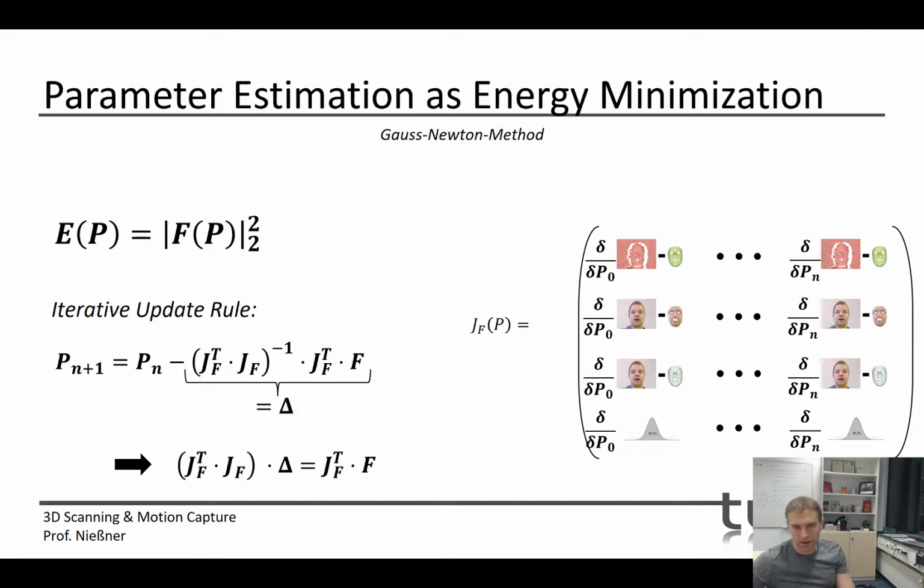The number of columns, the number of entries per row, is equal to the number of unknowns in our parameter vector p. We know roughly how large that is. We did this in the last lecture: it is exactly the dimensionality of the parameters of our face model, right?